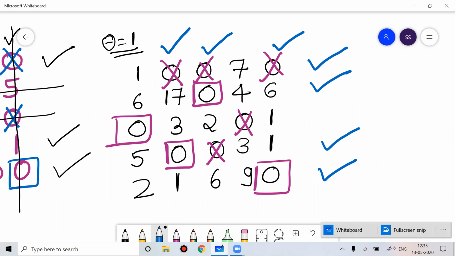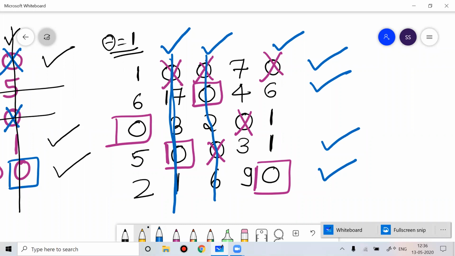Now draw a line over the ticked column. Draw a line over the ticked column. So they are 1, 1. Now draw a line.